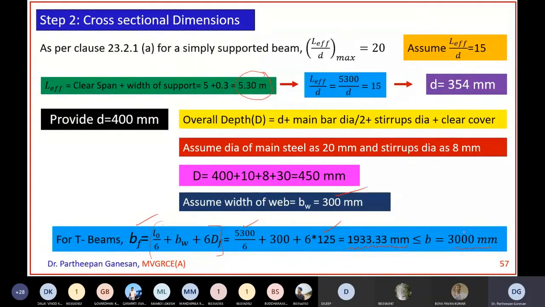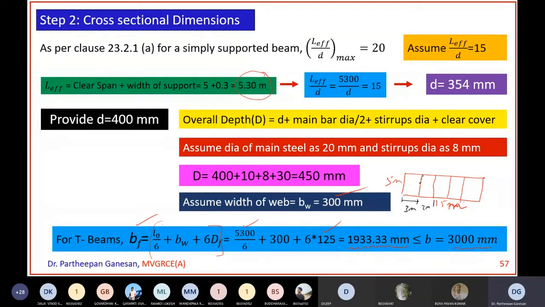3000. How did this 3000 come? Remember, you had a 5 meter by 15 meter room, and the center to center of each beam is 3 meters. Okay, each center to center is 3 meter.